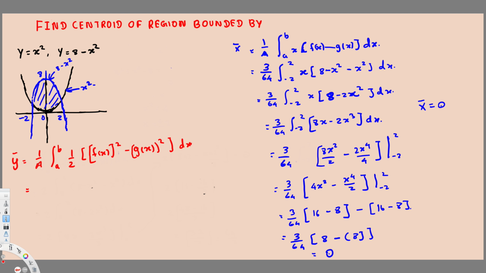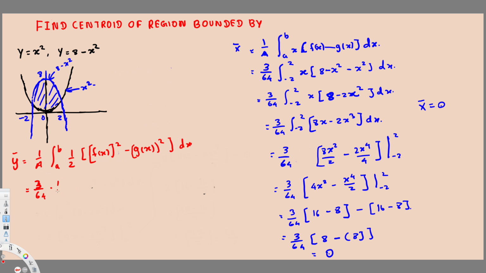So here, same as this one, 1 over A is going to be 3 over 64, and then limits of integration is negative 2 to 2 times half. Since it's a constant, I can bring it in front.